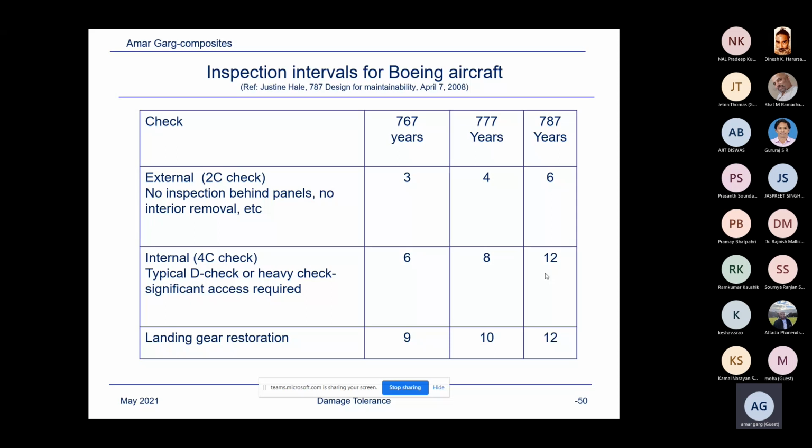And for a long range, it is a much smaller number of flights. But fatigue cycles would be dictated by the short mission cycles rather than the long mission, because the number of takeoffs and landings will be more for the short mission. So the short mission becomes more critical for fatigue than the long mission.